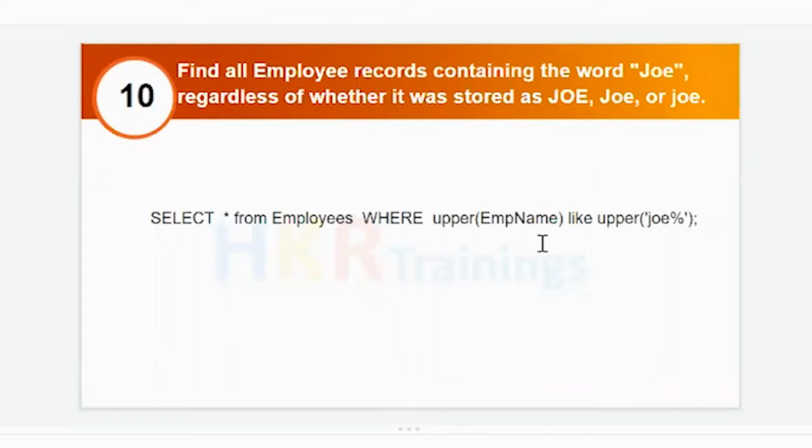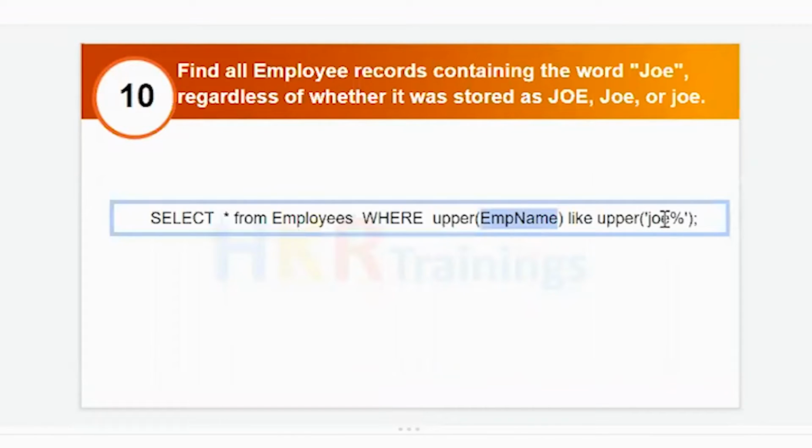So it will find different results, right? So we have to make sure that we are not being case sensitive. So we use the where clause: where employee name like Joe percentage, because after that it can be anything, but what we know is that the employee records should contain the word Joe.